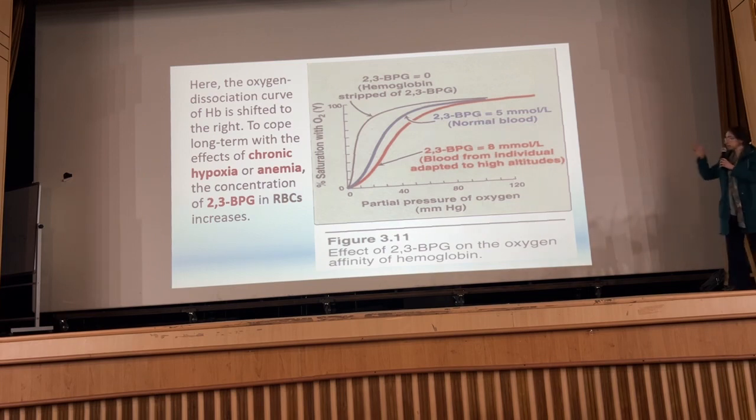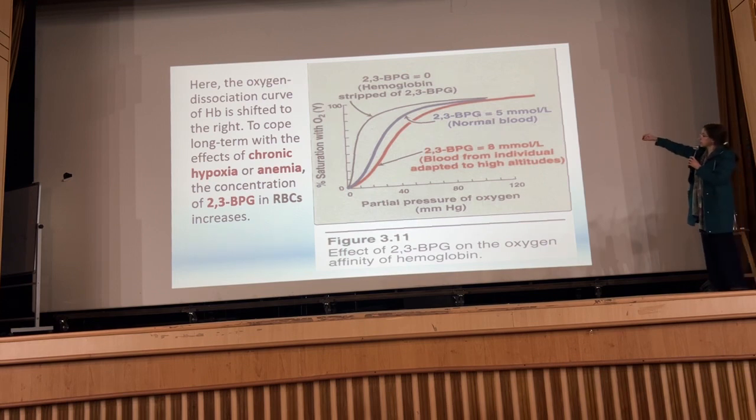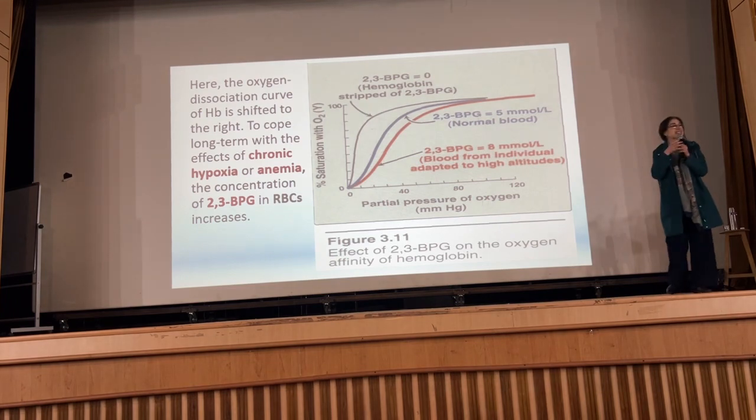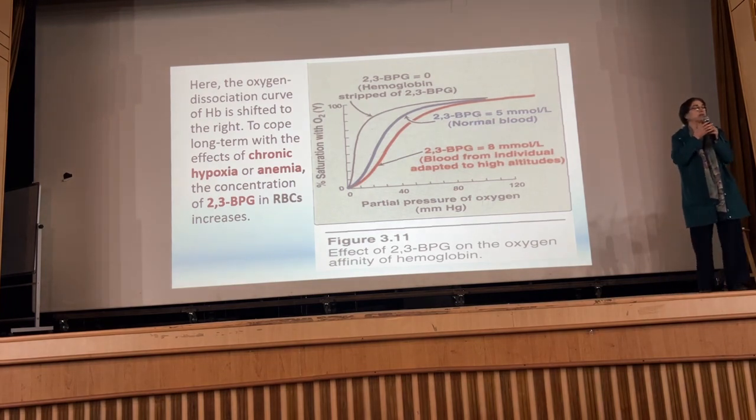Here it's the same graph. We're just seeing the effect of BPG. There we have BPG 0. So if you take all the BPG out of the RBCs, there will be a higher, quicker saturation.